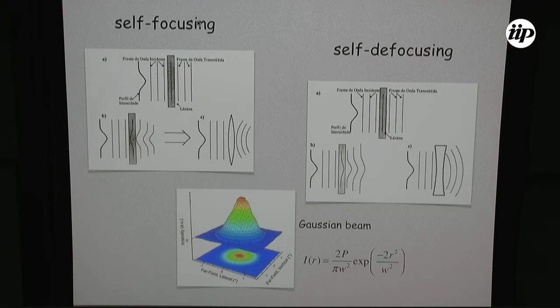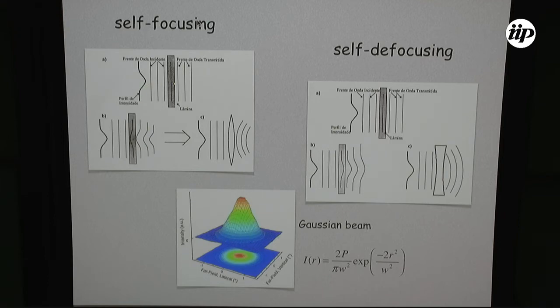So to give you an idea of what is going on from the optical point of view, imagine that you have here a Gaussian beam. This is the expression of the intensity as a function of the distance from the center of the beam: very intense in the center, less intense at the borders of the field.